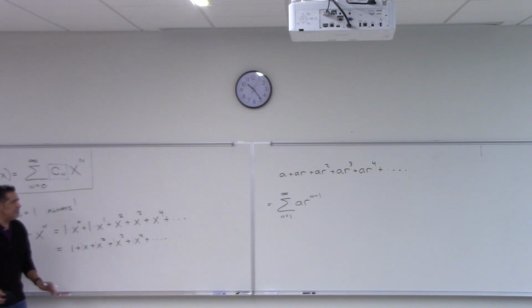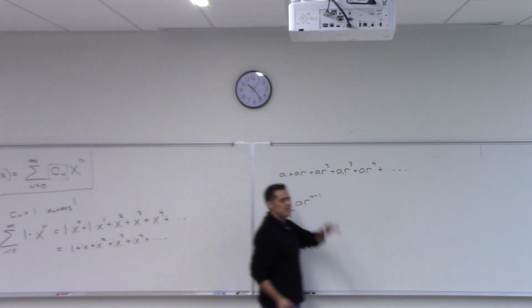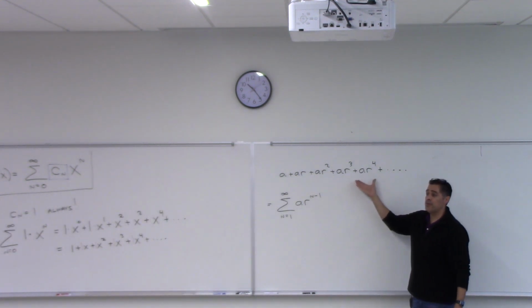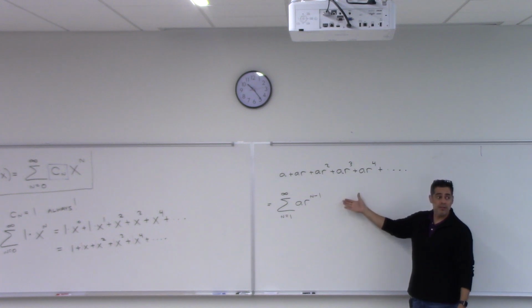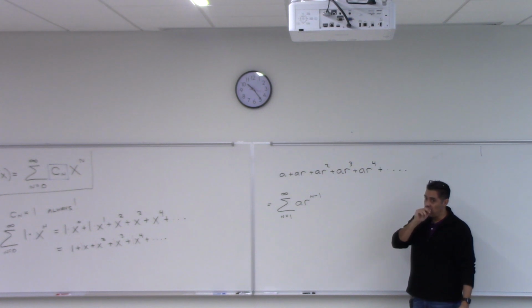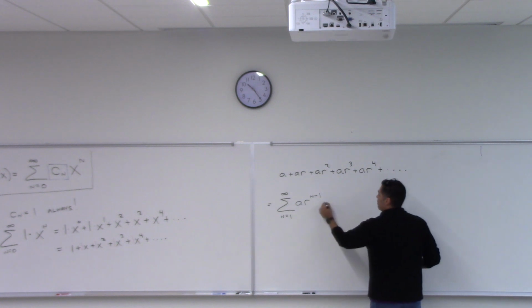What are the conditions that we need for convergence? What conditions do we have to have for this to converge? The absolute value of r has to be less than 1 for this to converge.